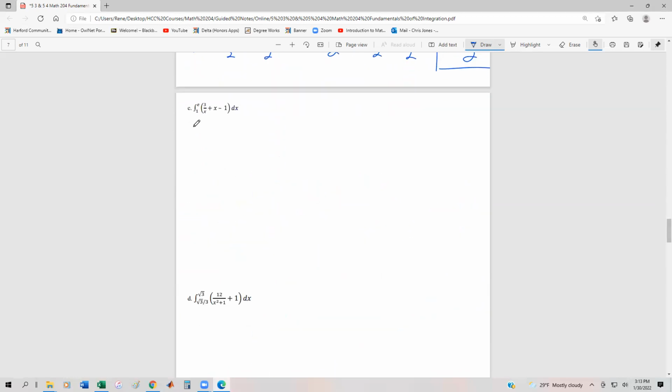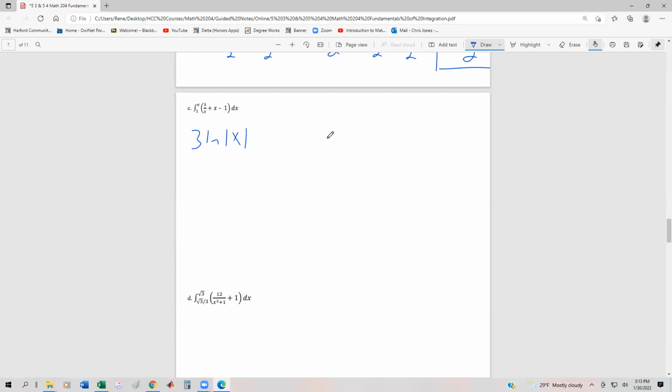An easier example: we have the integral from 1 to e of 3 over x plus x minus 1. And we're trying to find the integral of that. So maybe it might be helpful for us to split this up. When we evaluate this, we're going to end up with 3 natural log absolute x.